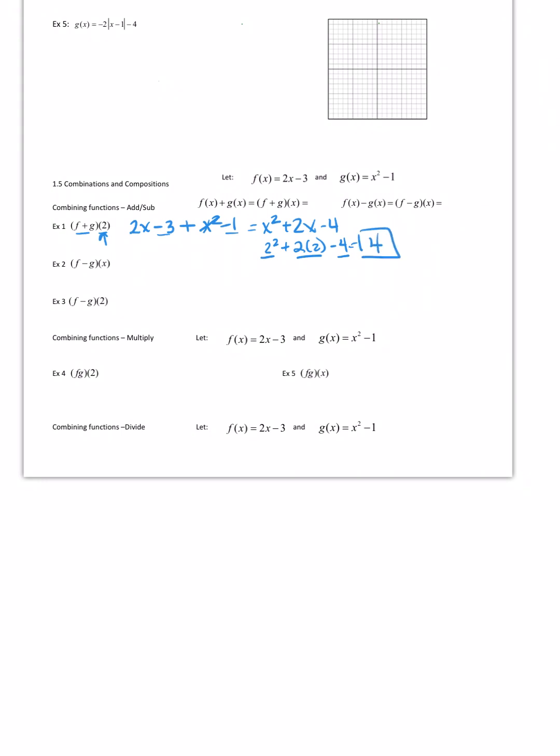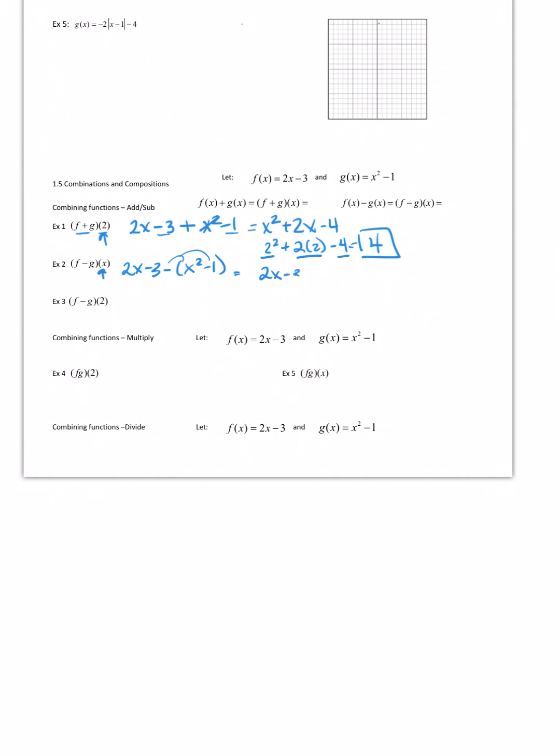So there's that answer. Let's look at number 2. This is f minus g of x. So notice there's no number here, so there will be an x in my answer. So if I'm subtracting the functions, I'll take that 2x minus 3, and I'm going to subtract that g of x function. So always take a moment and put parentheses around it so you can distribute correctly, because it's easy to forget to distribute that negative.